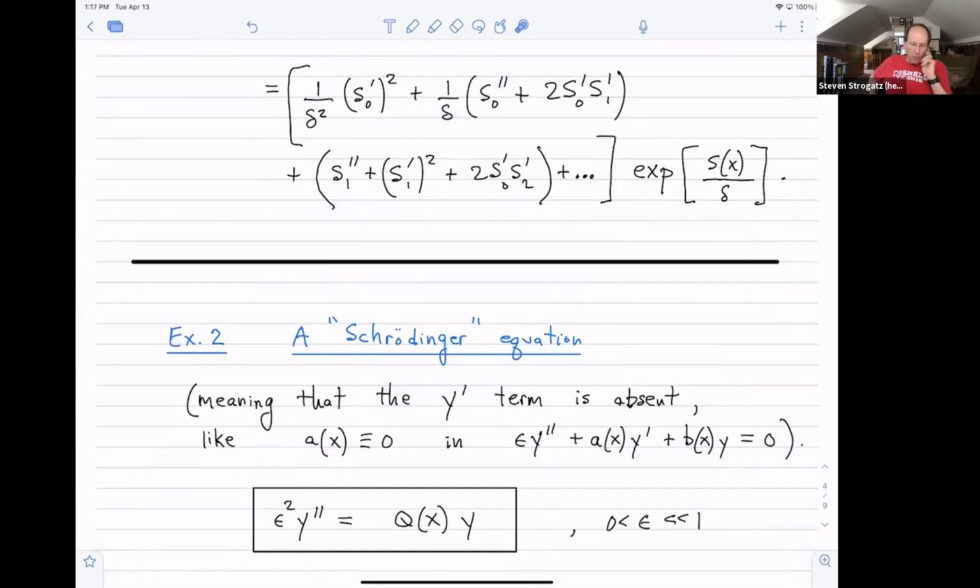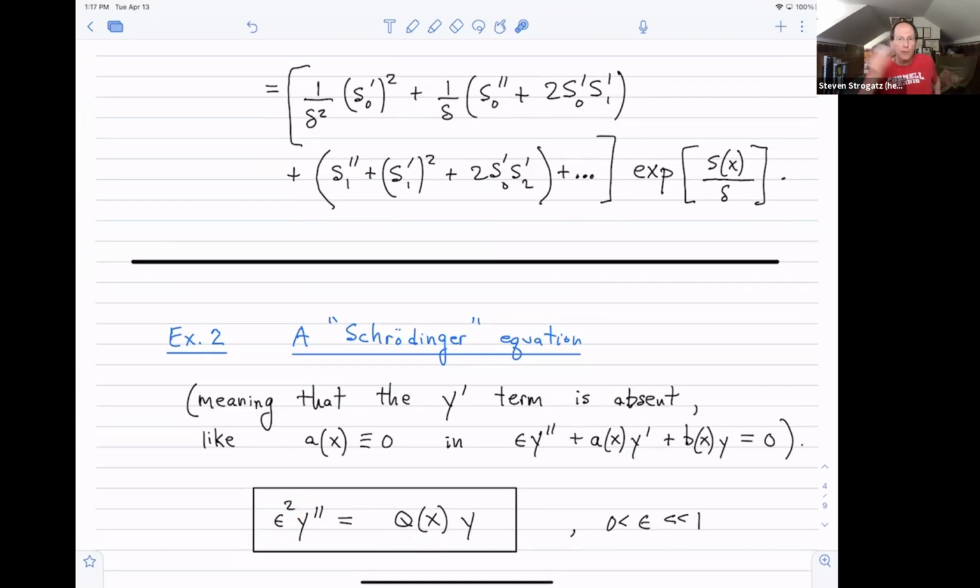So it has a y double prime. It has a small coefficient in front of it, which for convenience, we're going to call epsilon squared rather than epsilon. It helps us avoid writing a lot of square roots later if we just predefine this thing to be epsilon squared rather than epsilon. The q of x is some function.